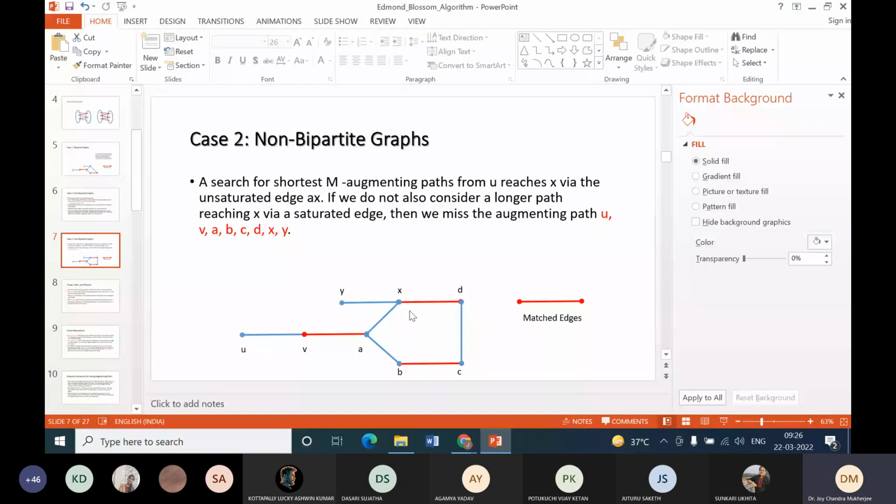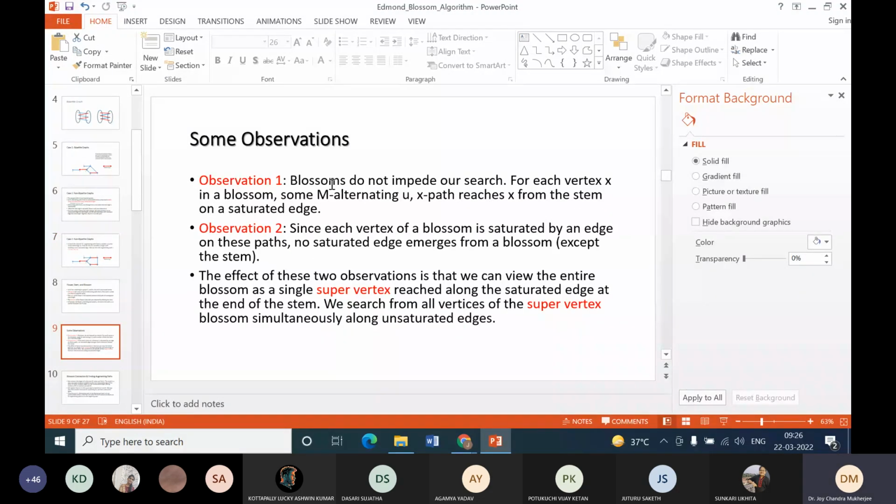Now the observation is these blossoms, these odd cycles, do not hinder or impede our search. From each vertex X in the blossom, some M alternating UX path reaches X from the stem on a saturated edge.